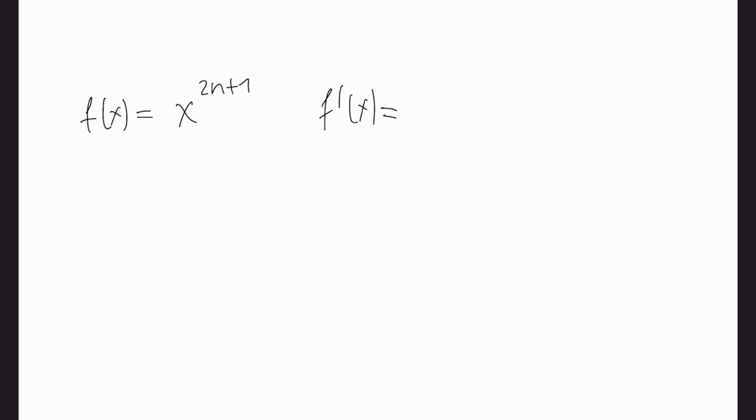So as always, when we derive the function, we put the exponent in front, so we write everything down and put it on the front, so it gives us (2n plus 1) times x, don't forget the brackets, and subtract 1 from the exponent, so 2n plus 1 minus 1, so plus 0, so that gives us (2n plus 1) times x to the power of 2n.